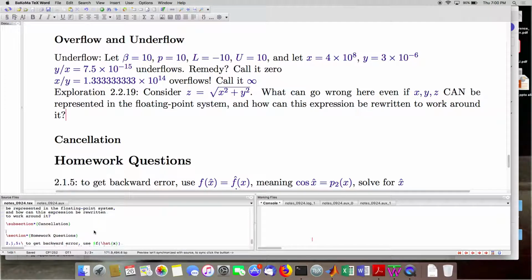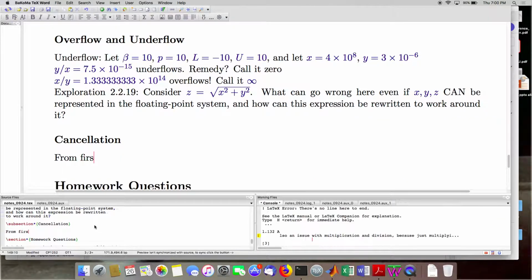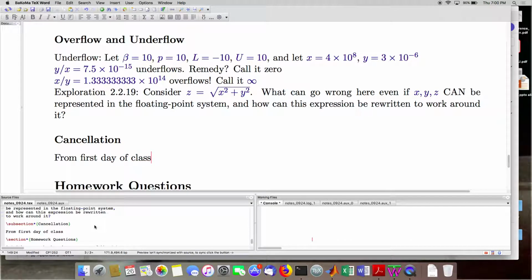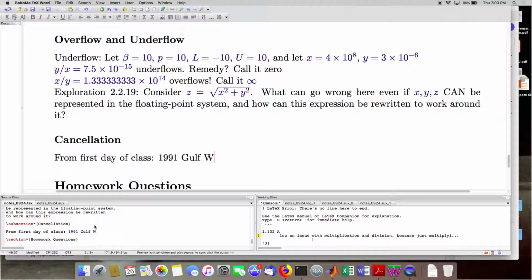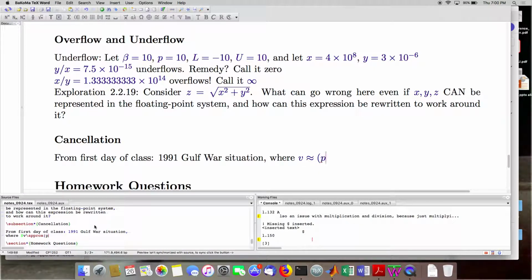Now, this issue is the most pernicious of them all: cancellation. I brought this up on the first day of class, the 1991 Gulf War example, where velocity was estimated to be the difference in position divided by the difference in time.